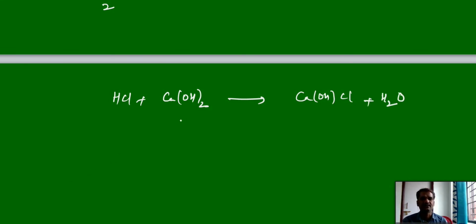If this is the case, what is the acidity of calcium hydroxide here? Generally, if they ask the acidity of calcium hydroxide, it means 2. But in this particular reaction, only 1 OH is replaced. So 1. So like that, we have to check for both acids and bases. Understood this one? A general definition is different, but exactly in a chemical reaction, that is different.